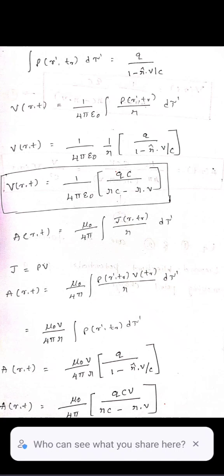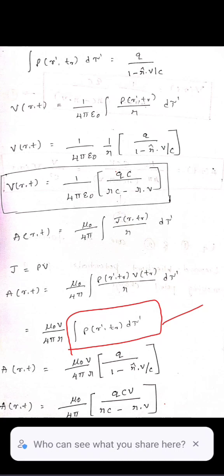Here v is constant, so take it outside the integral: μ₀v/4π𝓇 times the volume integral of ρ(r', tᵣ) dθ'. We already know the value of this one.